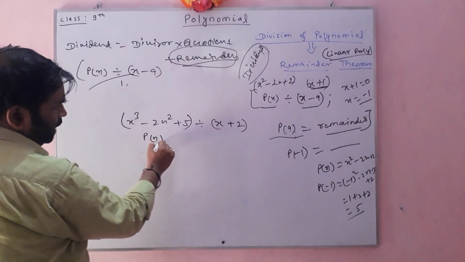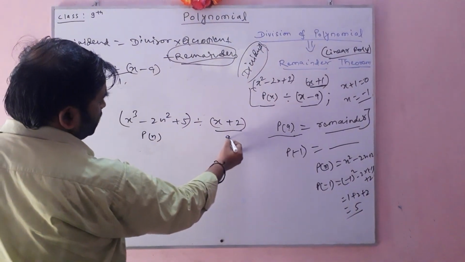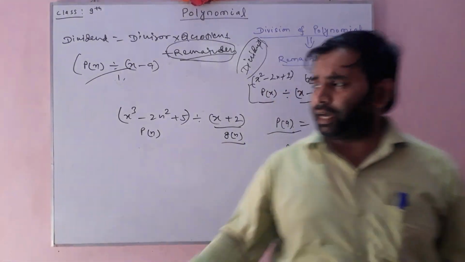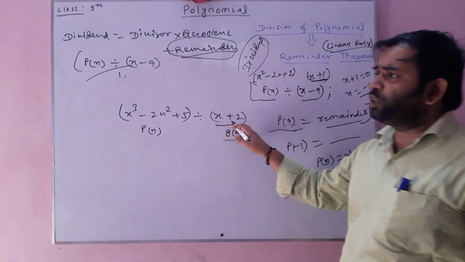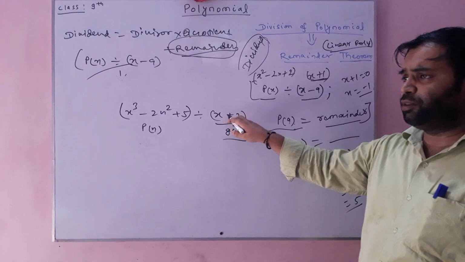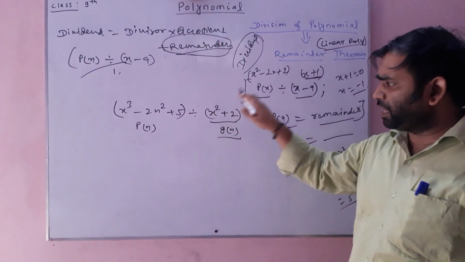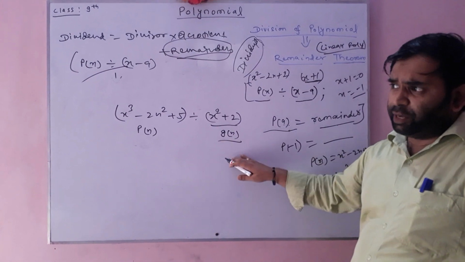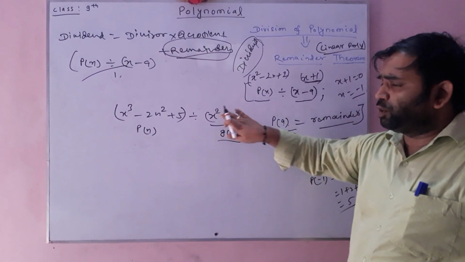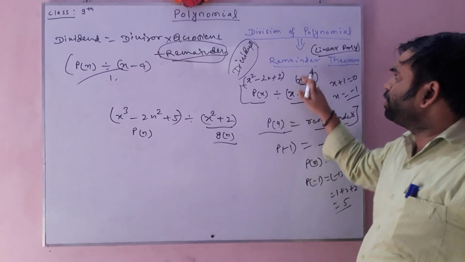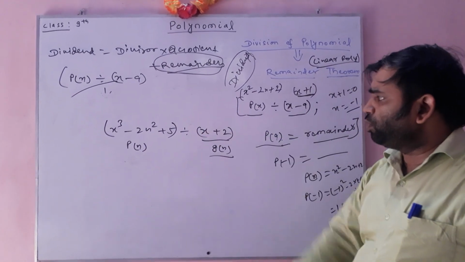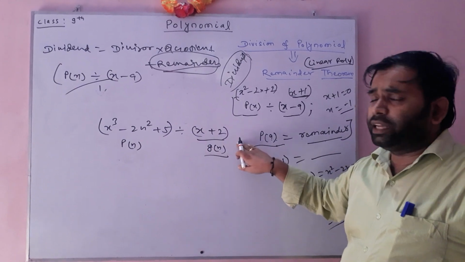This is the polynomial in x, and this is, suppose we write here, g(x), something like that. I have already told you the divisor is not more than 1 degree, meaning it is a linear polynomial. Suppose I wrote here x square plus 2 and asked what the remainder is by the remainder theorem. That question would be wrong, because in the remainder theorem we discuss only linear divisors.